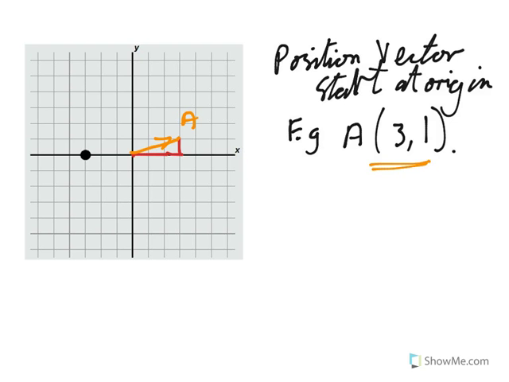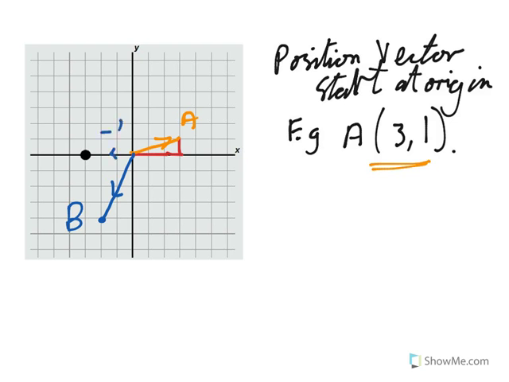If I put a point somewhere, let's say down there, that's point B. The position vector for B goes there like so. How much does it go across this way?